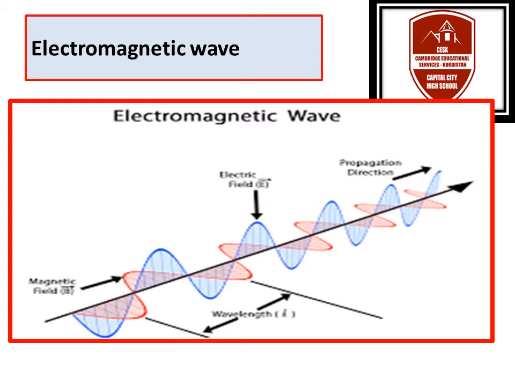Number of wavelengths in 1 second is called frequency. So frequency is how many wavelengths the wave can do per 1 second. This is the concept of frequency.